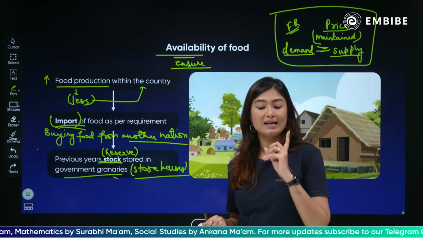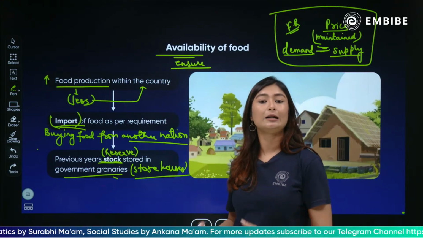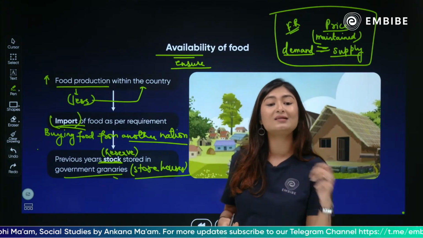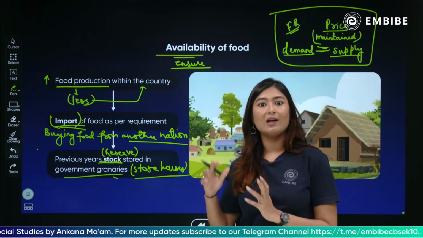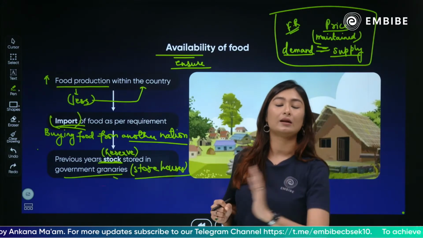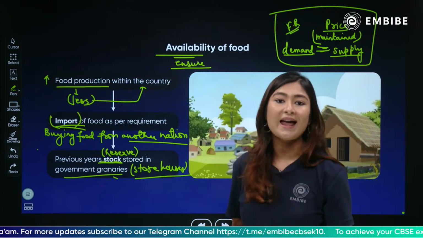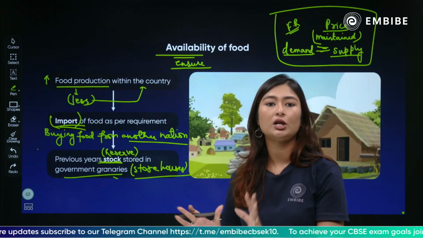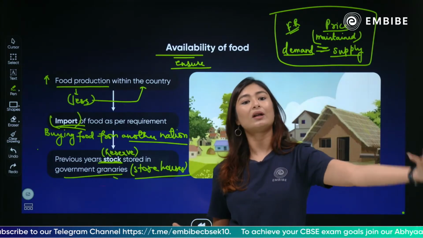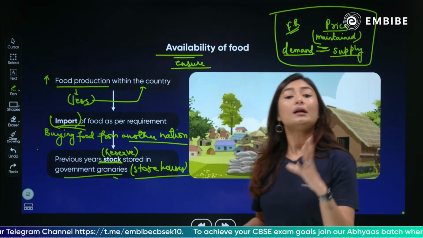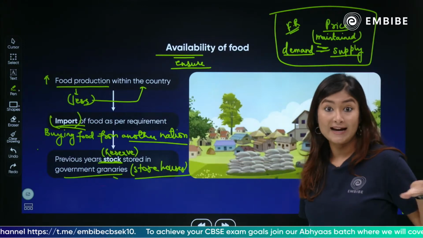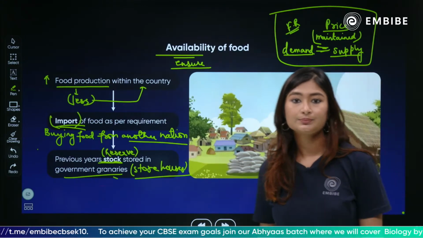You do not always have just one cylinder that you are using. You have one as a reserve also. So that while cooking, if it gets over, you can always replace it. Which means having something extra so that whenever there is a shortage, जब भी कमी पड़े आप वो एक्स्ट्रा वाली चीज का इस्तेमाल कर सको. ये स्टॉक होता है, उसको स्टॉक में रखना, एक्स्ट्रा रिजर्व में रखना, राइट?